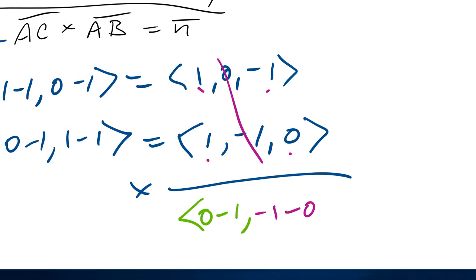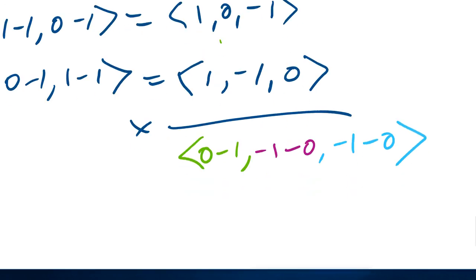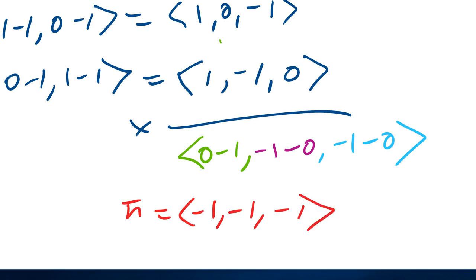Now I cross out the last one, and I do the cross product of those in the proper order. So it's 1 times negative 1 is negative 1, and then minus 0. Let me make sure I did the first one right. Cross out the first one, and I get 0 minus 1. Yeah, that's right. So we get the vector n. n is negative 1, negative 1, negative 1.